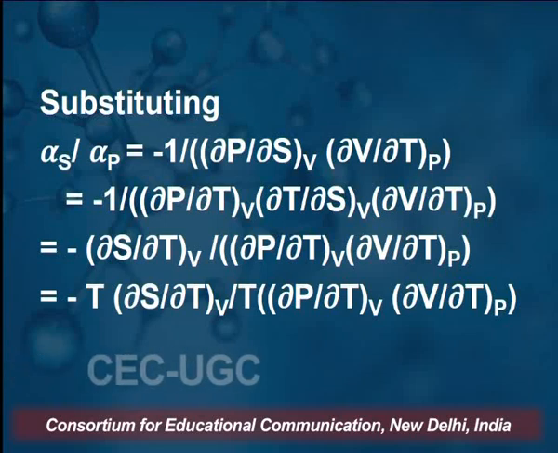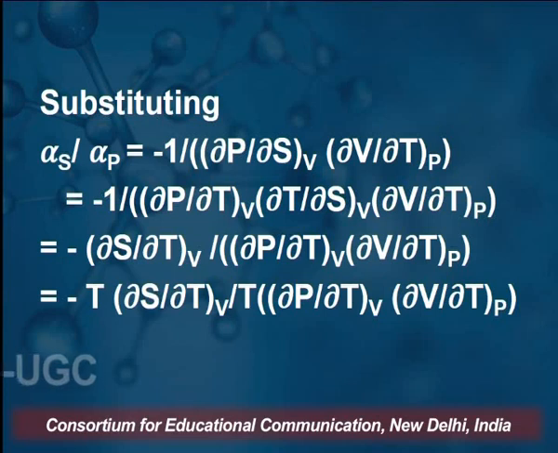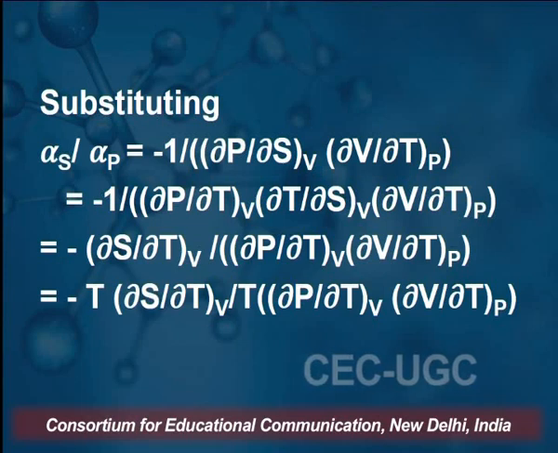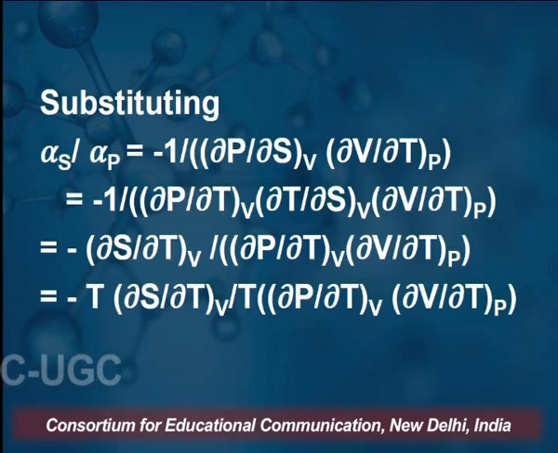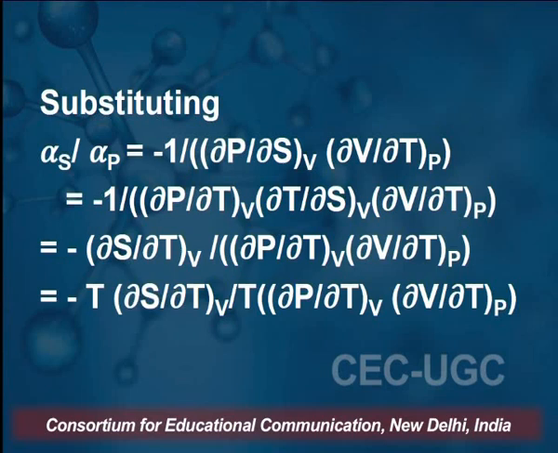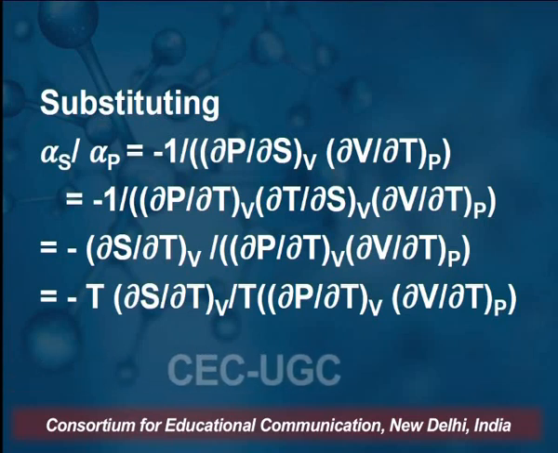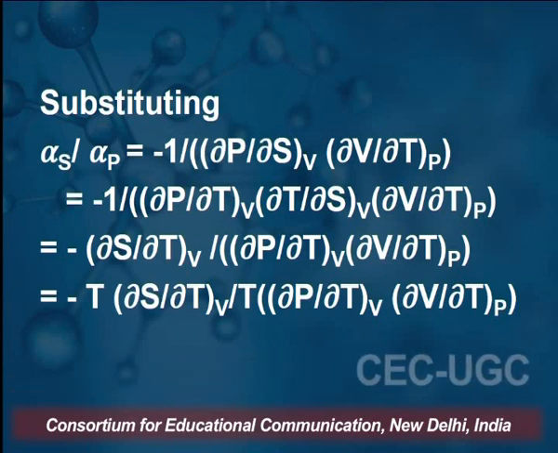Here we have split the ∂P/∂S at constant volume term into two terms. Now what do we do? The term occurring in the denominator, ∂T/∂S at constant volume, is taken to the numerator. So we get minus ∂S/∂T at constant V divided by ∂P/∂T at constant volume into ∂V/∂T at constant pressure.